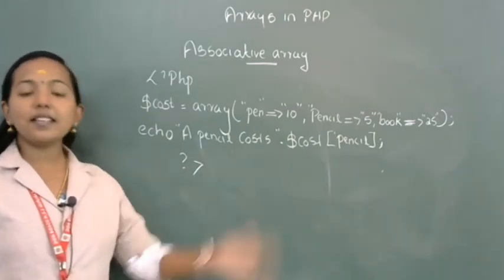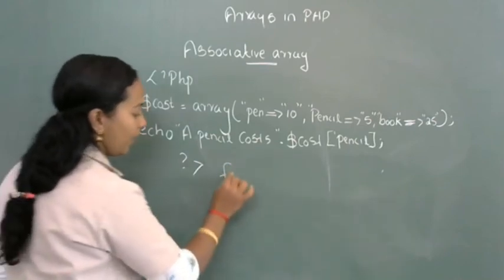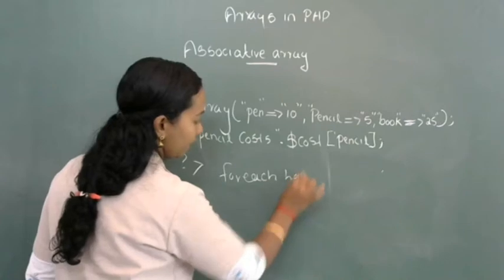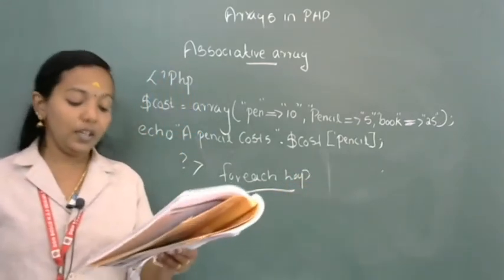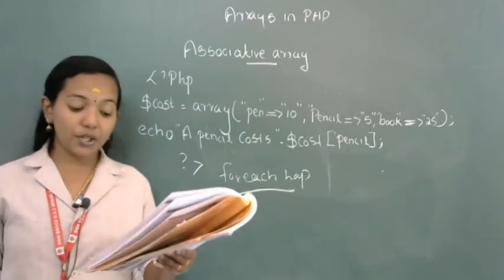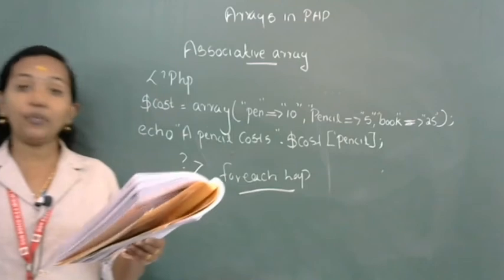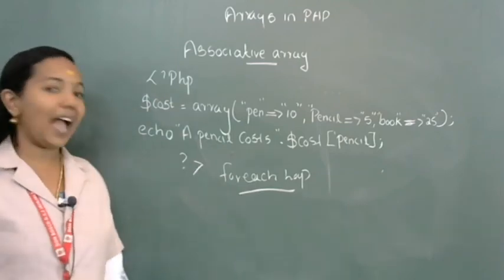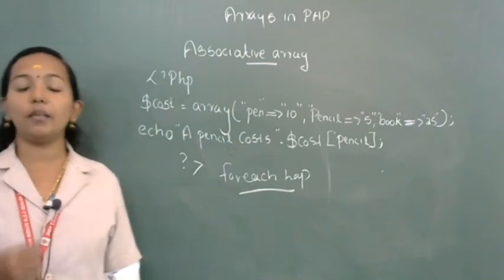So an extended version of for loop is available in PHP, that is known as foreach loop. It is an extension of for loop, used when we have an array with an unknown number of elements.